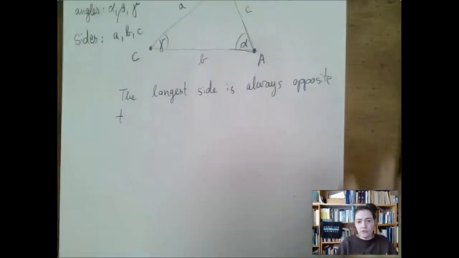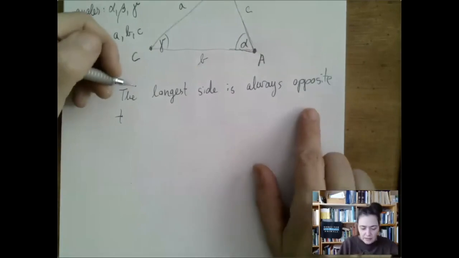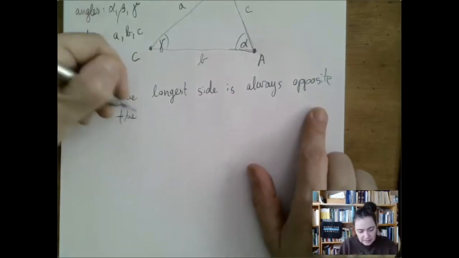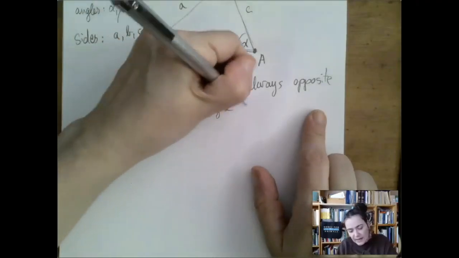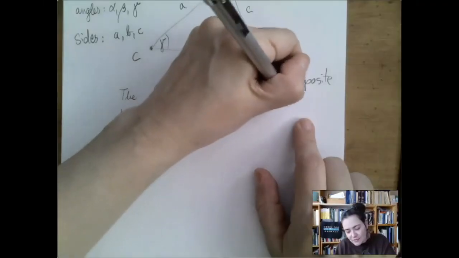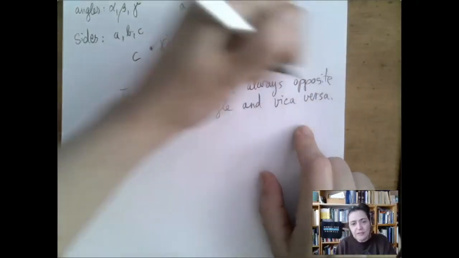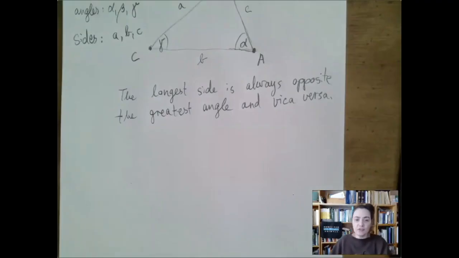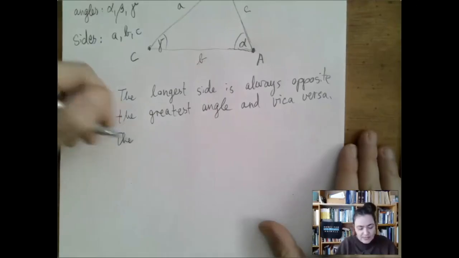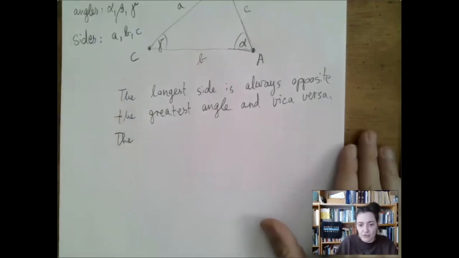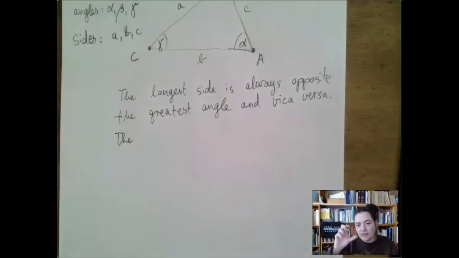So they grow together, and even in comparison, it's always opposite the greatest angle, and vice versa, the greatest angle is always opposite the longest side. There's a perfect correspondence, and the shortest side is opposite the smallest angle, and the smallest angle is opposite the shortest side. So if you understand the order between the 3 sides, you understand the order between the 3 angles, or if you understand the order between the 3 angles, also the sides.